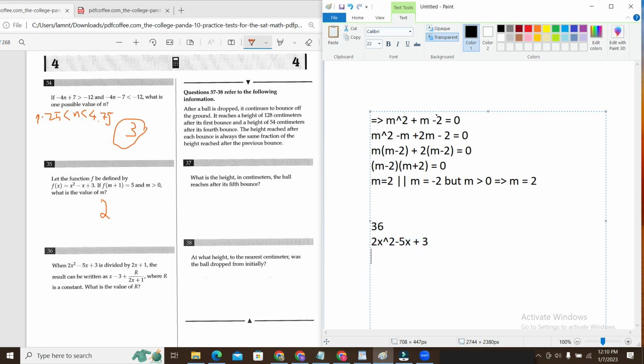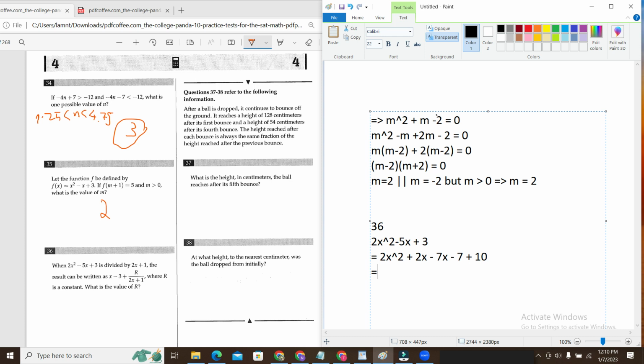So that's going to be 2x squared plus 2x, minus 7x, minus 7, and then plus 10, so this is still equal to the original polynomial, because here is minus 5x, it is plus 3 here, and 2x squared stays intact.